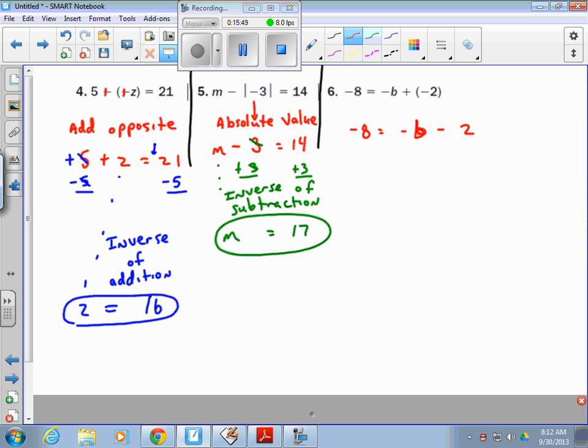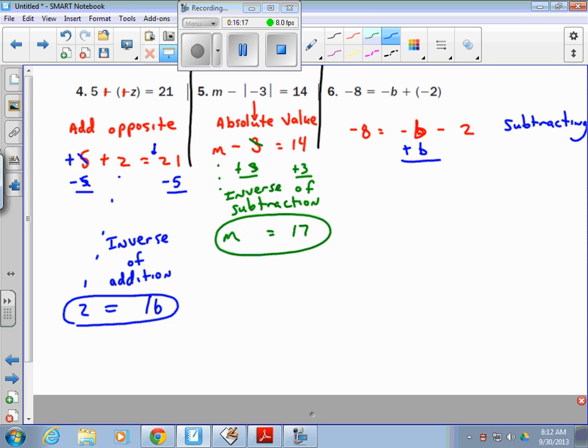Just to keep us from having to do multiplication today, we're going to do this in this fashion, everybody. This is just subtracting to go from plus a negative value. We're just subtracting there. So undo minus b by adding b.